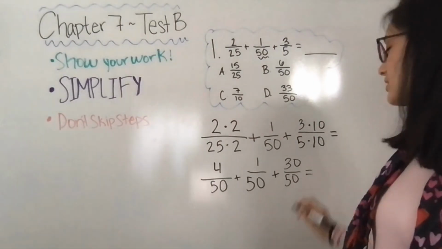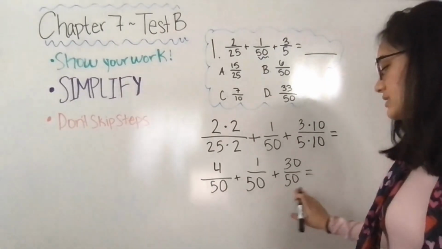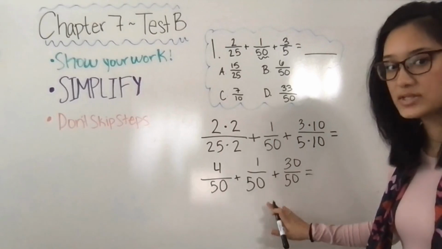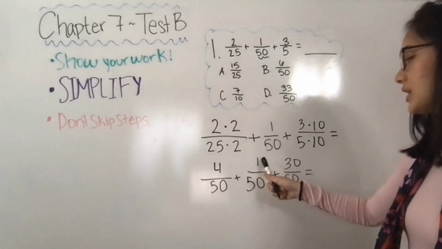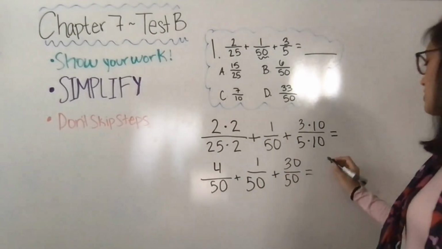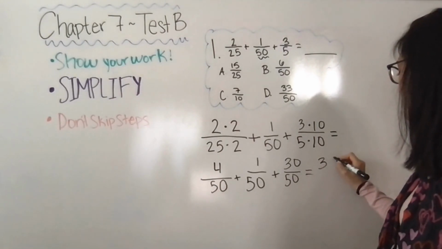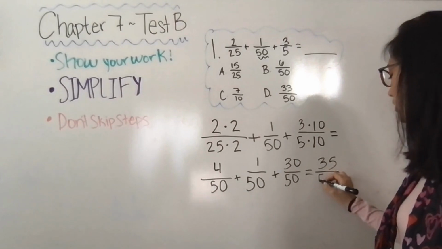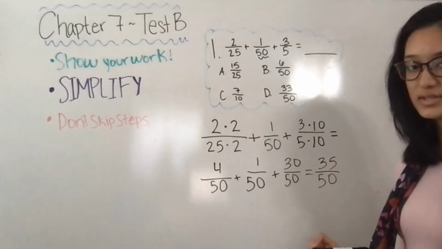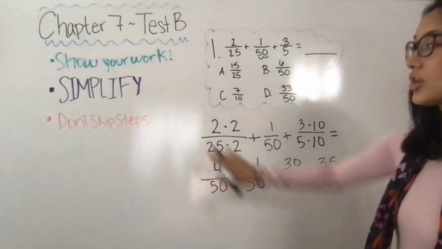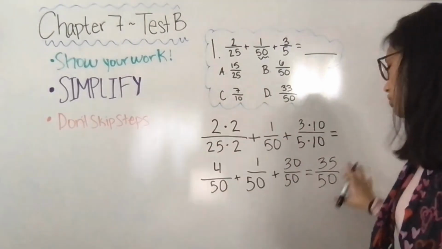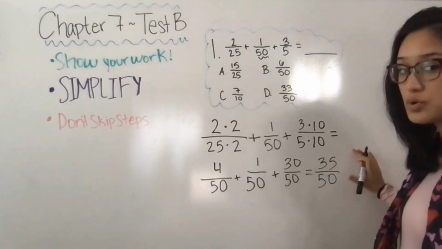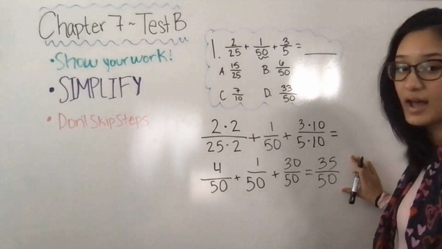Now you can add these fractions together because they all have the same common denominator. 4 plus 1 is 5, plus 30 is 35/50. Now you know you have to simplify. You can't just leave it like this because you know that this can be simplified.